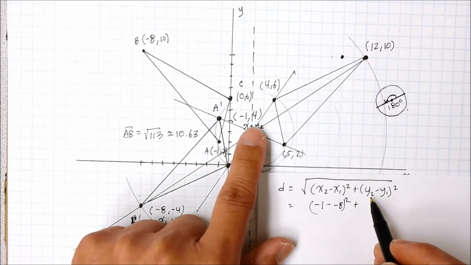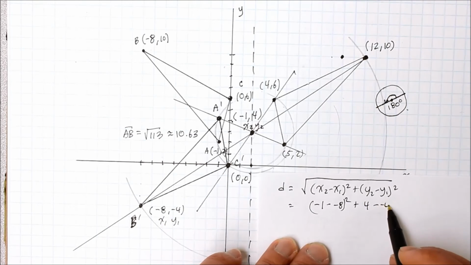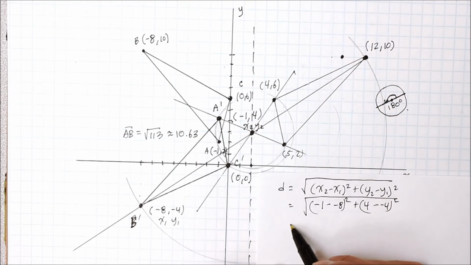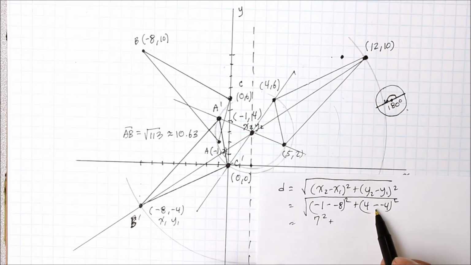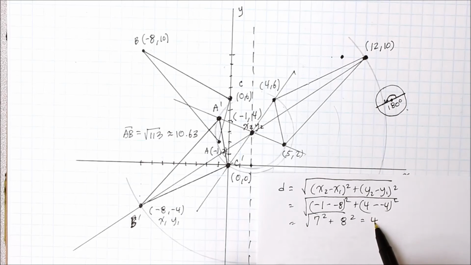Plus y2 is 4 minus y1 is -4. And we're going to square that and square root the whole sum. So now that becomes -1 plus 8 is 7 squared. Plus 4 minus negative 4 is plus 4 is 8 squared. That's going to become 49 plus 64. And look at this.